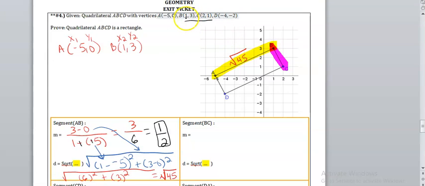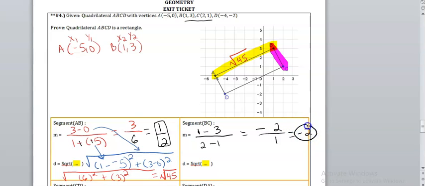So I'm going to put these as my x1, y1, x2, y2. My y2 is 1 minus 3, and my x2 and x1 is 2 minus 1. So the top will be negative 2 over 1, which is simply negative 2.